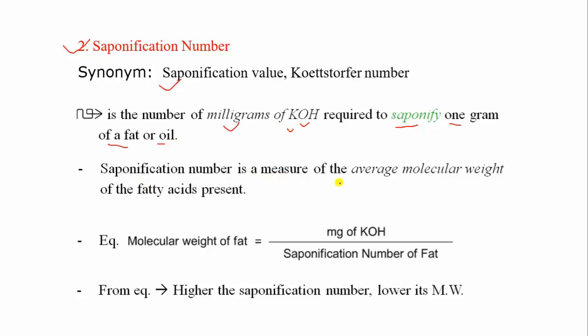Saponification number is a measure of the average molecular weight of fatty acids present. It can be calculated as molecular weight of fat equals milligrams of KOH divided by saponification number of fat. From this equation, the higher the saponification number, the lower the molecular weight. If the saponification number is lower, the molecular weight will be higher.